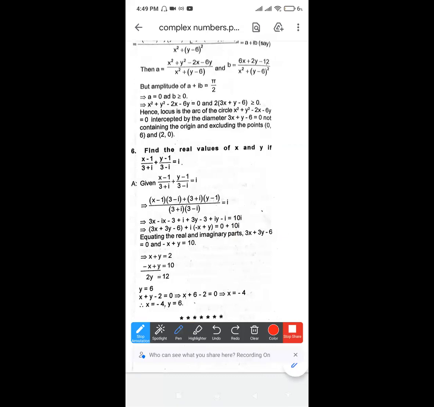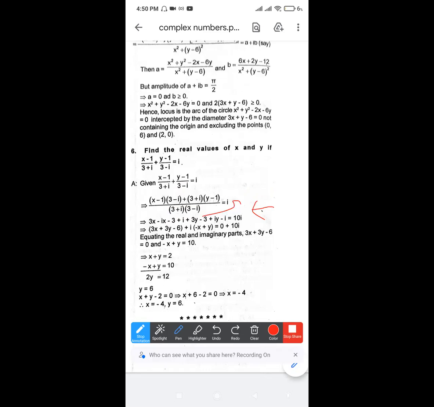Here we are cross multiplying, we are sending this denominator to the right hand side. After sending the denominator to the right hand side, we are opening the brackets and we'll get the answer finally.